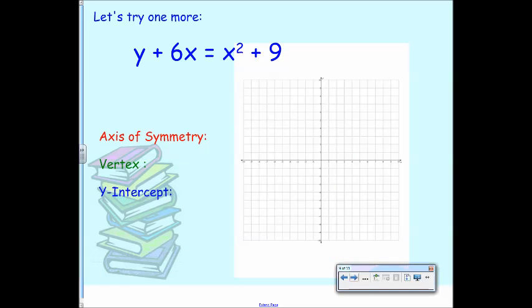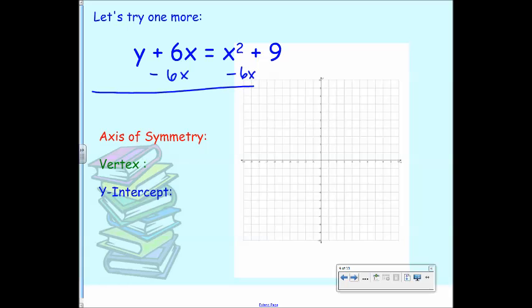So let's try one more, but take a look at this equation. What's wrong with it? It's not in ABC form, right? It's not in the standard form, so what do I have to do with this 6x? Get rid of it, which, how do I do that? Subtract it. And then from over here, are those like terms, any of them?